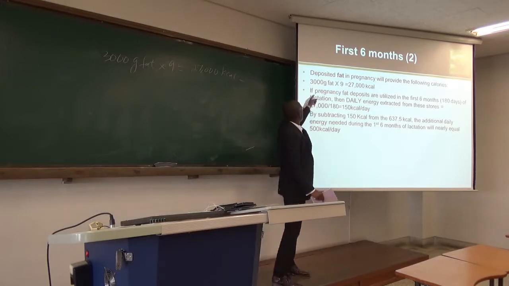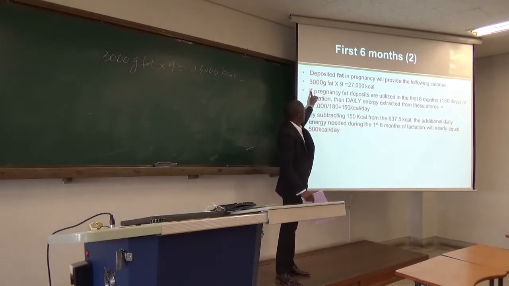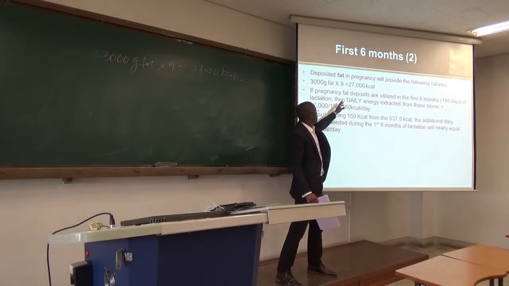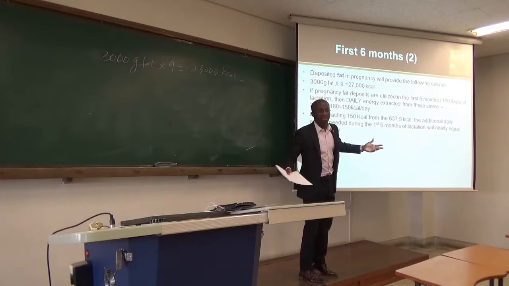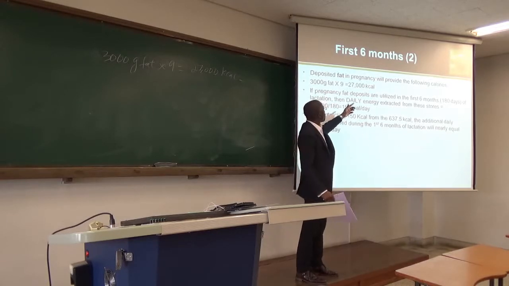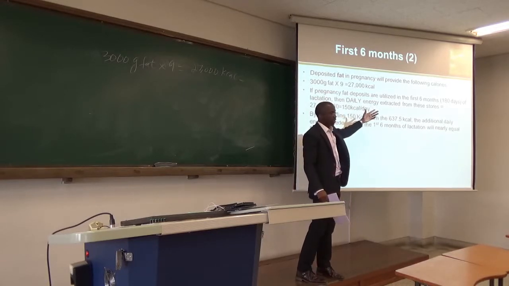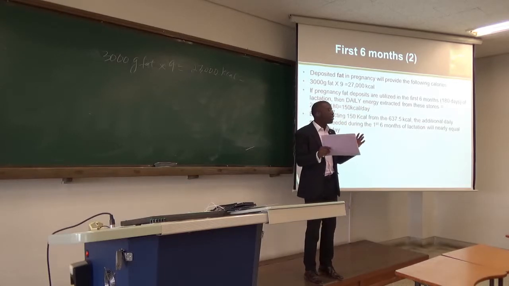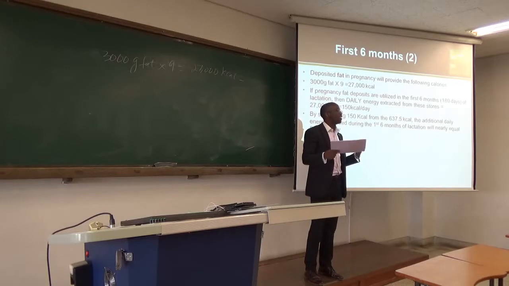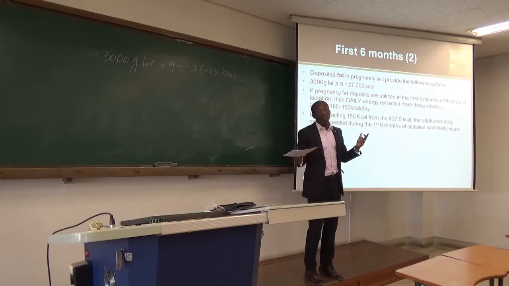Number 2, I put: if fat deposit I utilize, meaning if I use it in the first 6 months. Okay, guys, 1 month is around 30 days. Some days have 31, other days have 27 or 28.